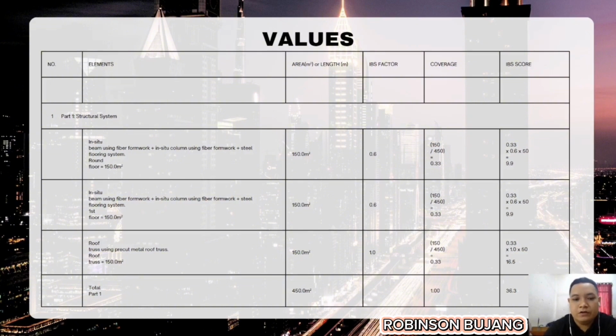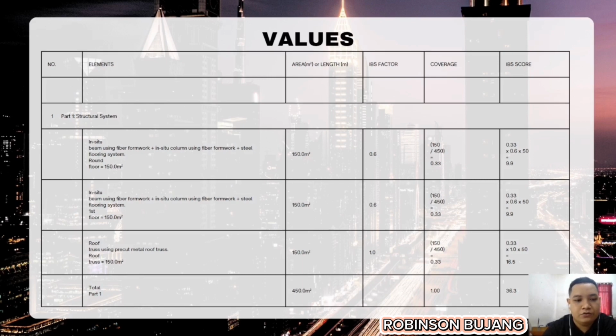So we need to divide 150 by 450, which is the total area for part 1. The answer is 0.33. Next, we calculate the IBS score, which is 0.33 times 0.6 times 15 equals 9.9. This is the IBS score for ground floor and first floor.